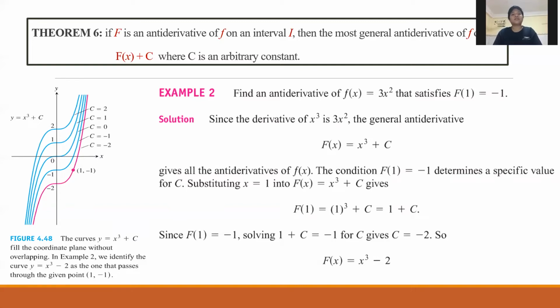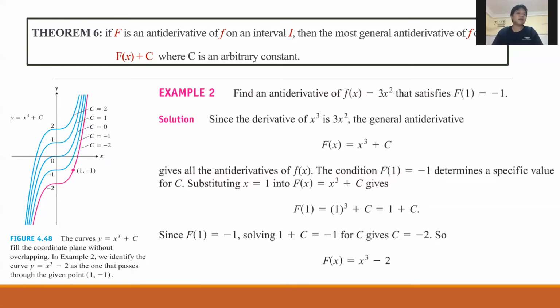So we substitute x equals 1 into F of x equals x cubed plus C, which gives us F of 1 equals 1 cubed plus C, which is equal to 1 plus C. By solving the equation 1 plus C equals minus 1, we get C equals minus 2. So F of x equals x cubed minus 2.